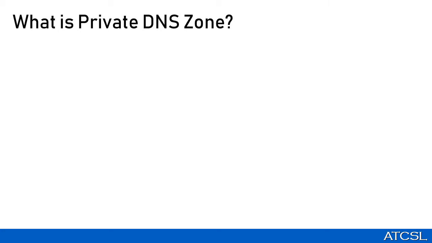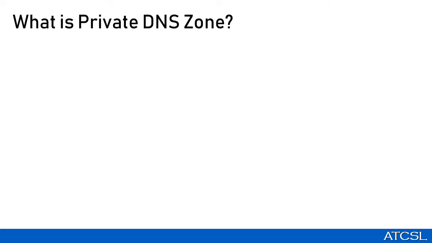In case it is registered with a domain registrar and you wish to create a public DNS zone as well, then you can configure both public and private DNS zone with the same name, and it is called a split horizon view. In this case, the domain would be available over the public internet. And in the previous one, the domain would only be allowed to be accessed from within the virtual network.